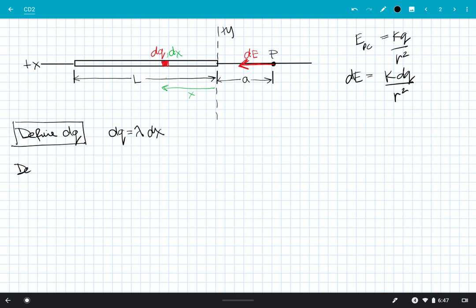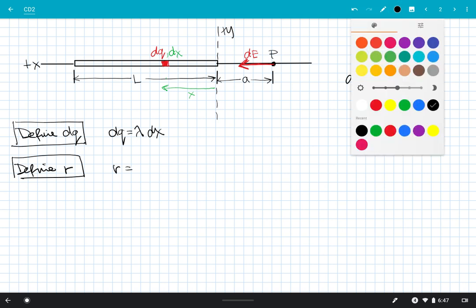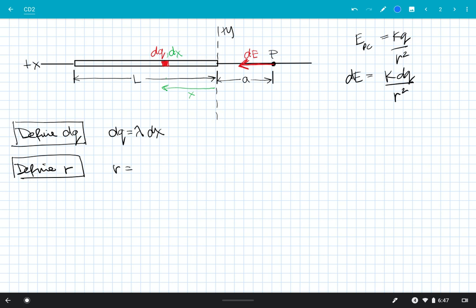So let's now define r. I can look at my diagram and let's be sure and label r. So r, remember, is what locates our differential element. We're coming from here to our point of interest. So this distance in here is r.